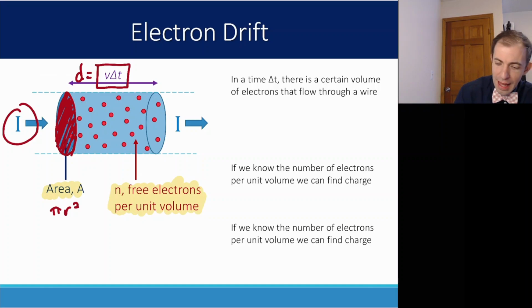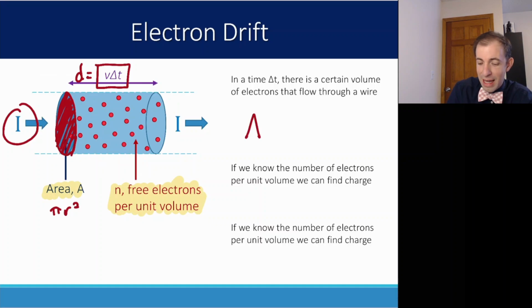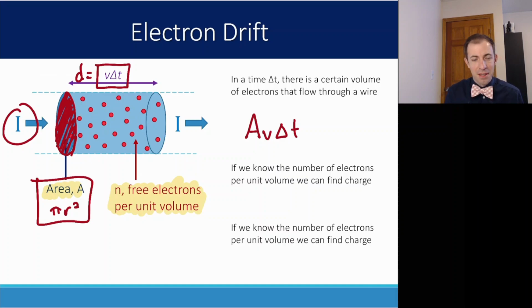So that means over a certain amount of time, we're going to sweep out a certain volume of this wire. This volume is shown here. And the volume can be calculated. That volume is basically just the area of the wire, the cross-sectional area, times this velocity times delta t. And that's the volume base times height of this cylinder.